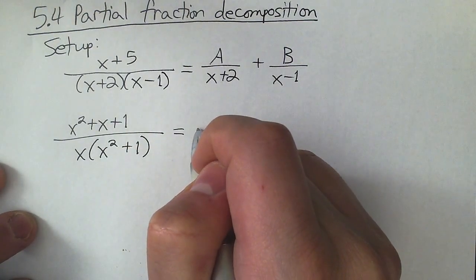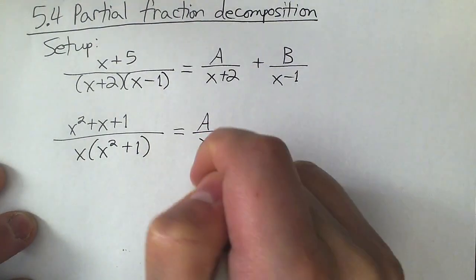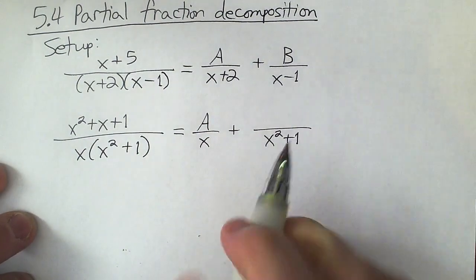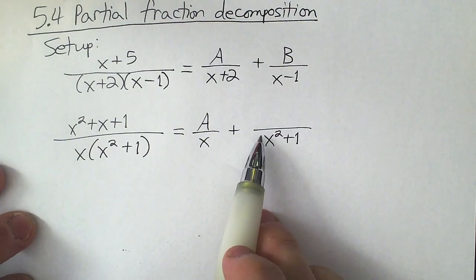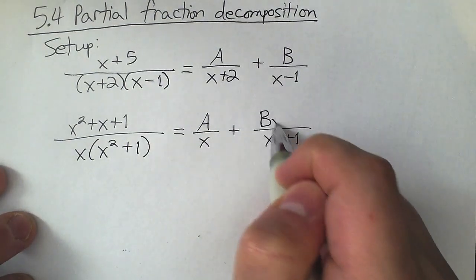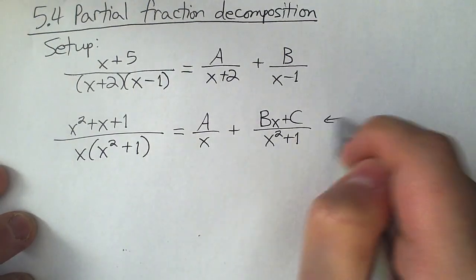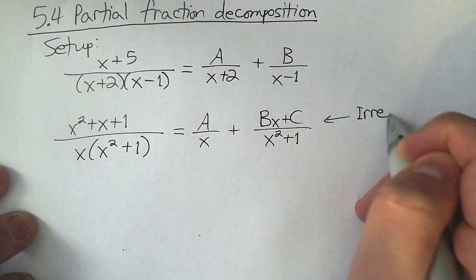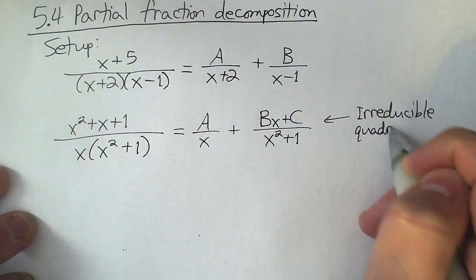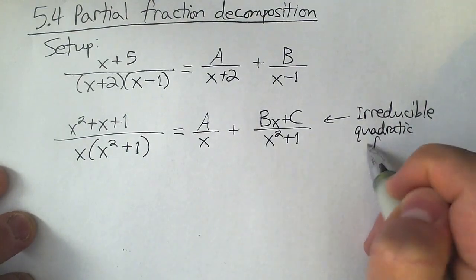It can't be done. So you do need A over the first factor, but for the x squared plus 1 part, the algebra is not going to work out if you just put a B up there. This is where you have to do Bx plus C. So this is the case I would call irreducible quadratic factor.